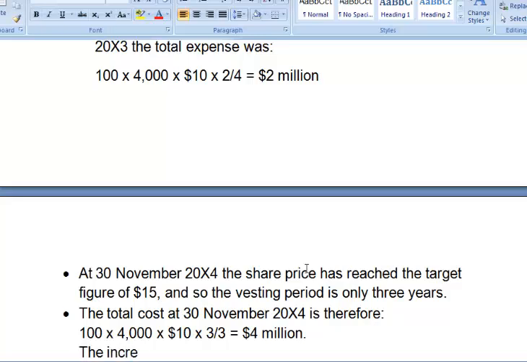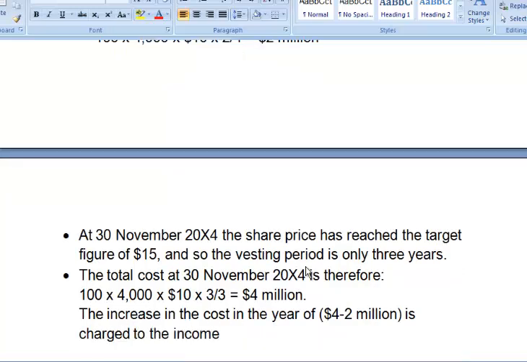So the increase in the cost in the year of 4 less 2 million is charged to the income statement.